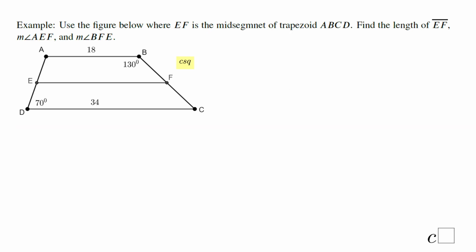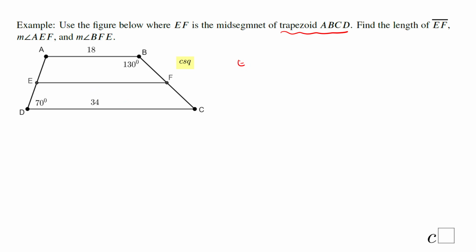So let's see how we use this property to solve some problems, and we're going to take a look at this problem first. We have this figure where EF is the mid-segment of the trapezoid ABCD. So we know it's a trapezoid. Now we need to find the length of EF first of all.